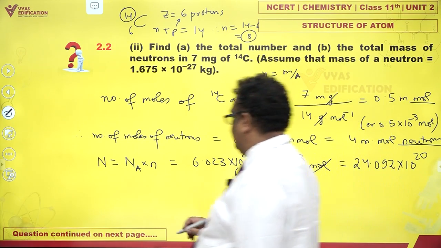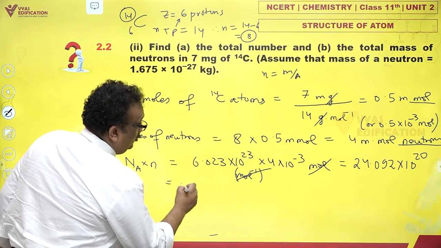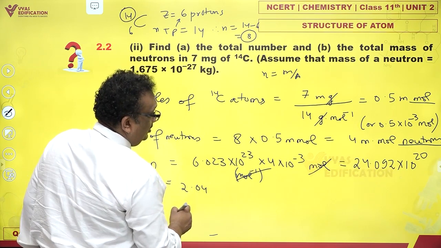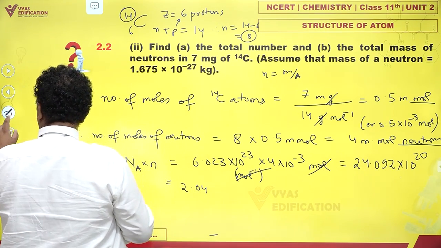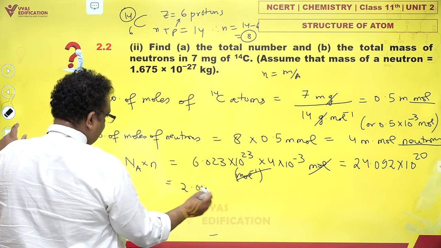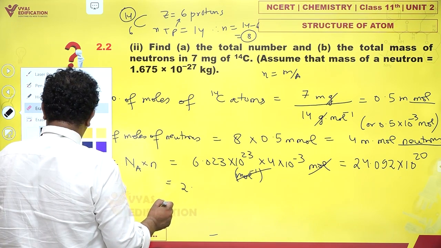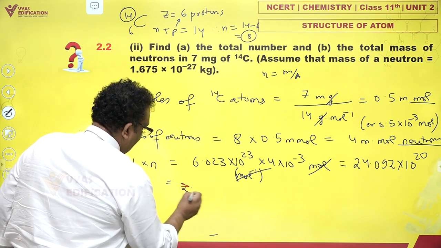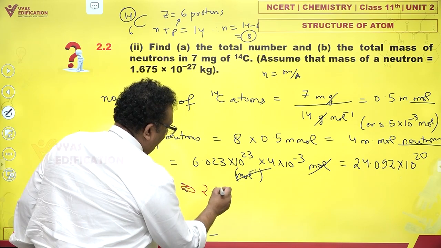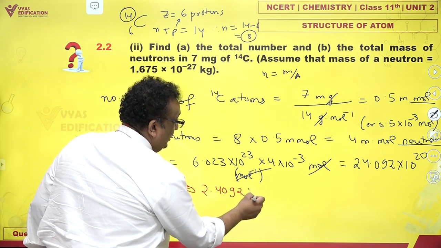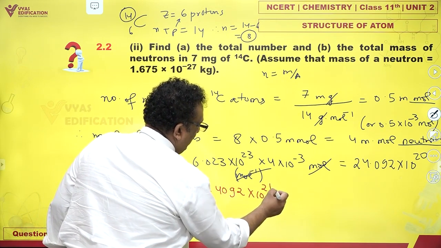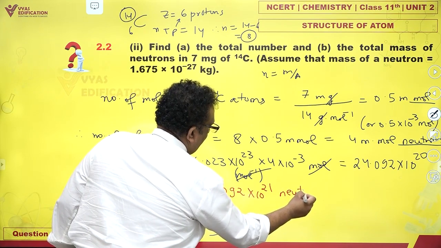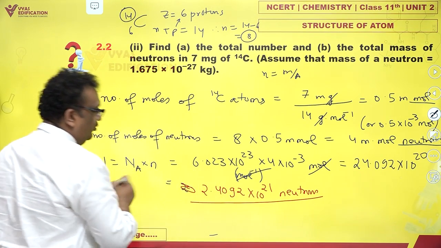Or I could say this would be 2.4092 into 10 raised to 21 neutrons. We should write it in scientific notation.